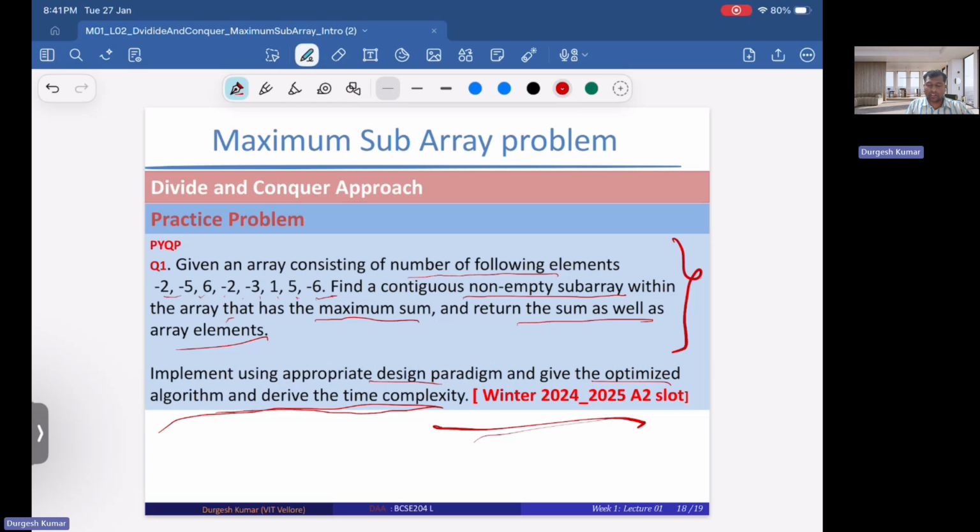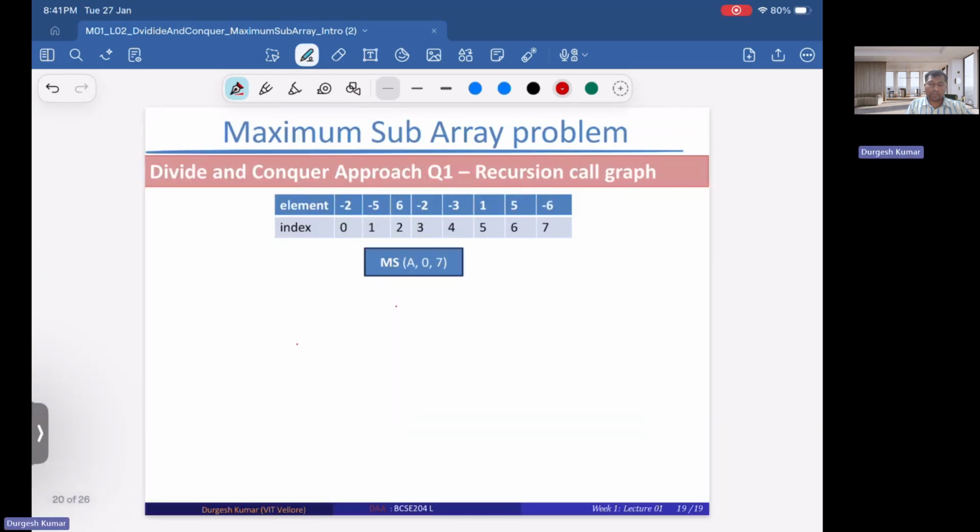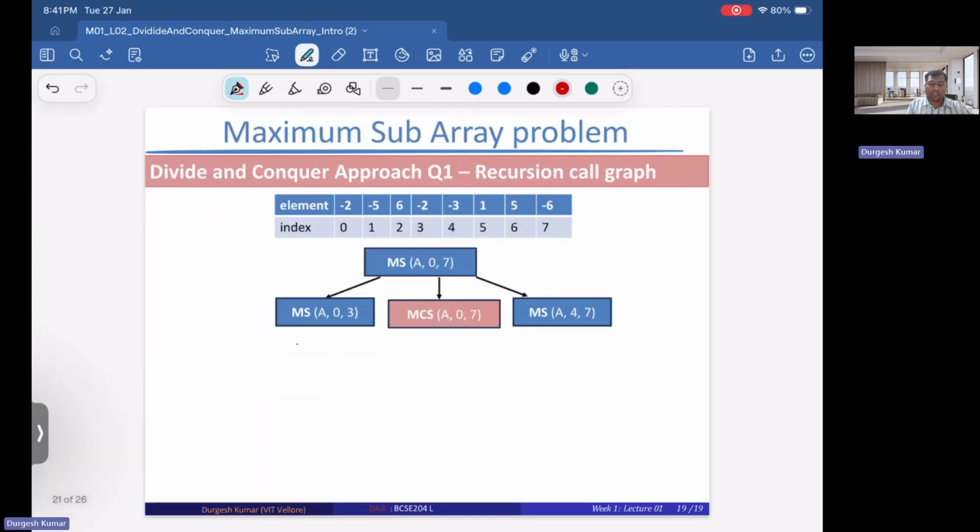Just to give you a hint, we need to draw a recursive call graph. So the first call will be MS, if we abbreviate maximum subarray as MS and maximum crossing subarray as MCS. The first call will look like this. This will recursively call MS(A,0,3) because low is 0, high is 7, and low plus high by 2 becomes mid, that is 3.